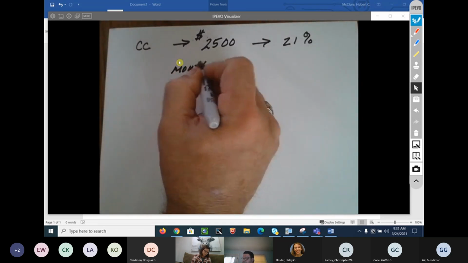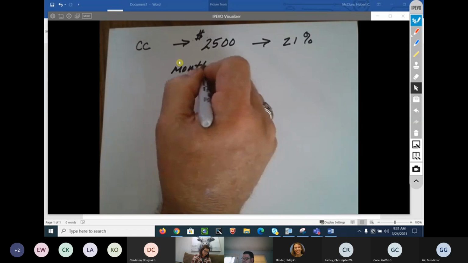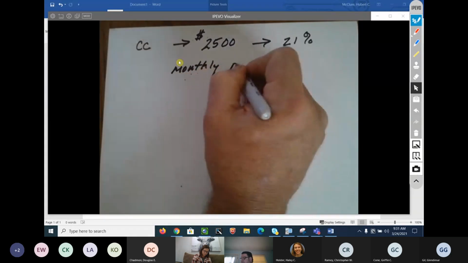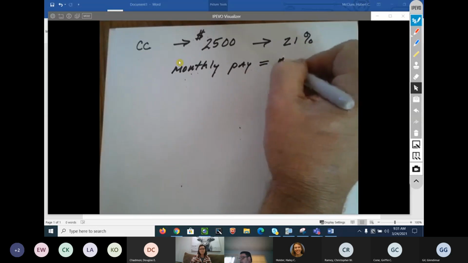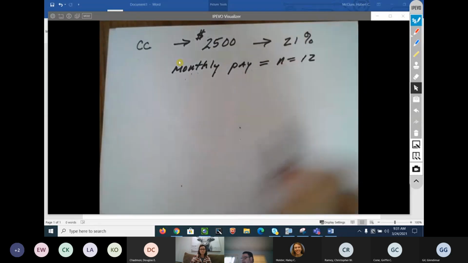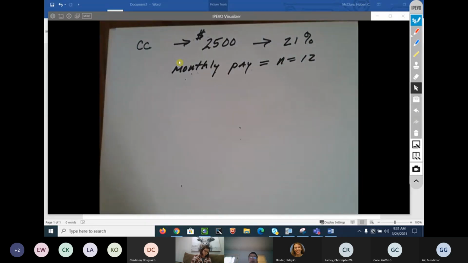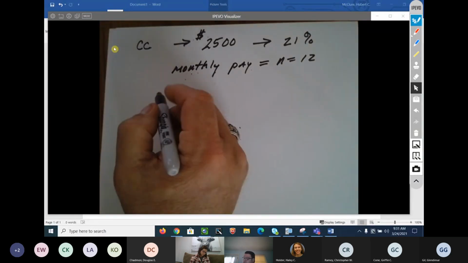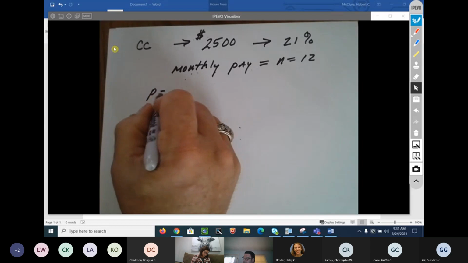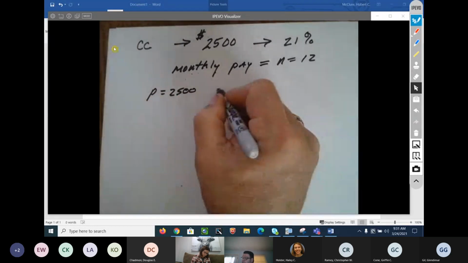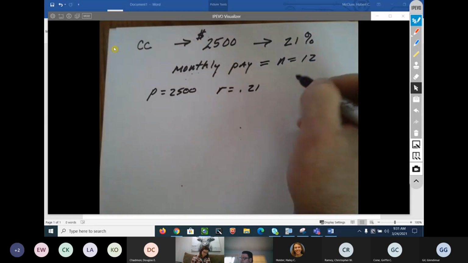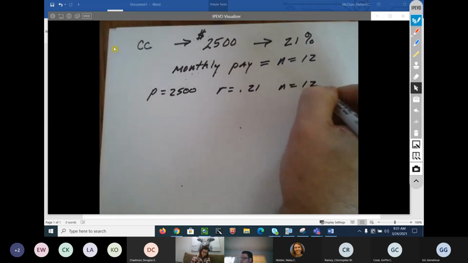Monthly payments, N is equal to 12. All right, now I want you to crank that out. So P is equal to 2,500, R is equal to 0.21, N is equal to 12.